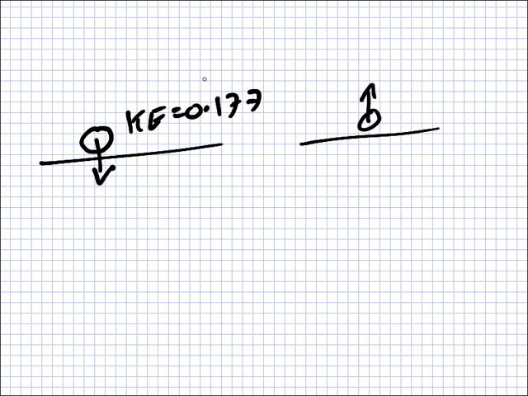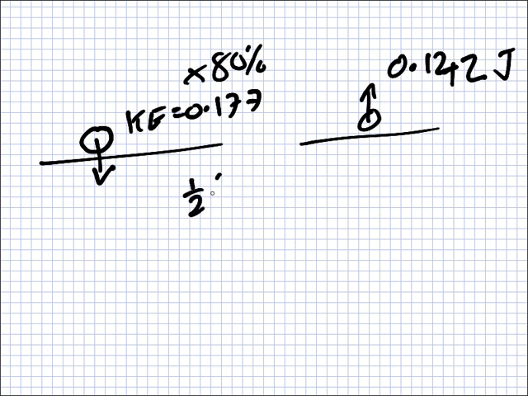Okay, let's see. When the ball is here, its kinetic energy is 0.177, going down. When it hits the ground and goes back up, it has only 80% of this. So 0.177 times 0.8 is 0.142 joules.